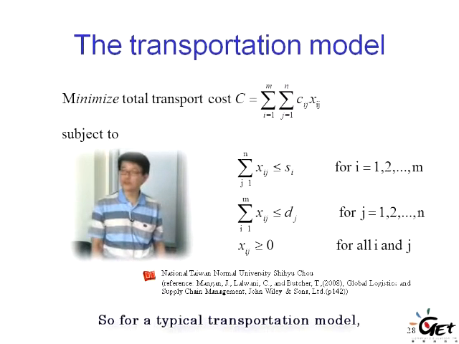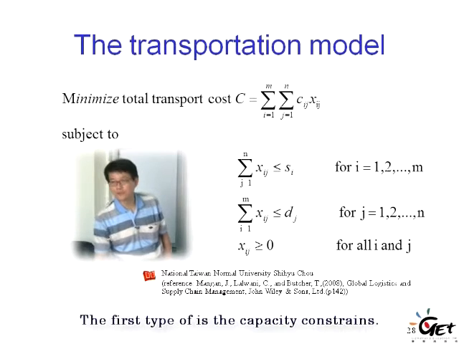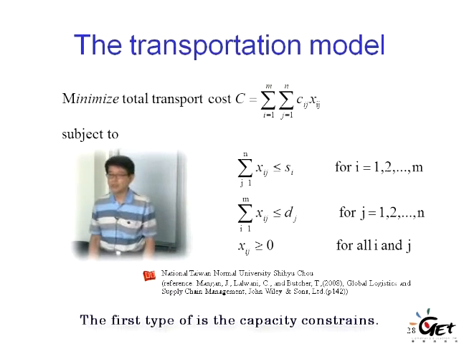For a typical transportation model, we have two types of constraints. The first type is the capacity constraints.